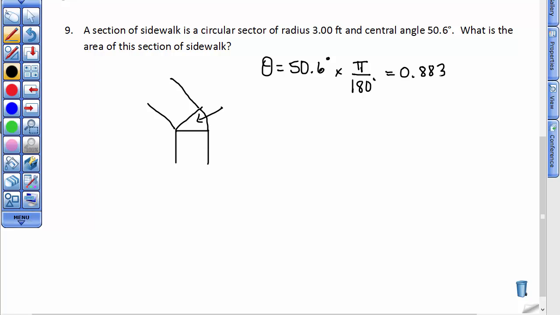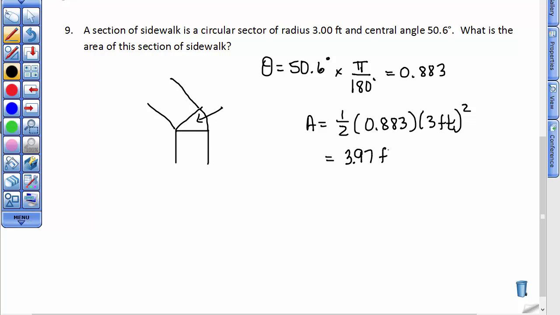Then I'm going to find the area of that section by taking half of that 0.883 and multiplying that by 3 feet to the second power. And that value is going to be almost 4 square feet, 3.97.